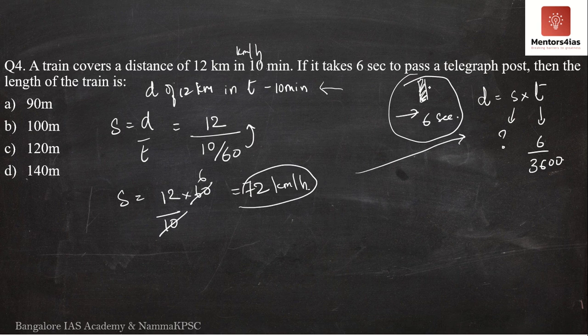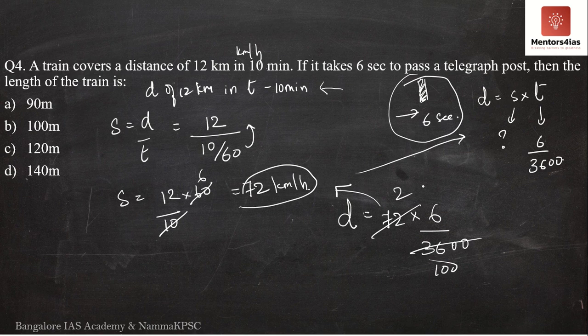What is the question asking for? The length of the train. This is nothing but distance, where distance is equal to speed into time. We have just determined the speed as 72 kilometers per hour, into time, 6 seconds, which is given in the question itself, that is 6 divided by 3600. We already know 36 twos are 72. So 3600, 36 twos are 72, 6 twos are 12, 12 divided by 100, nothing but 0.12 kilometers.